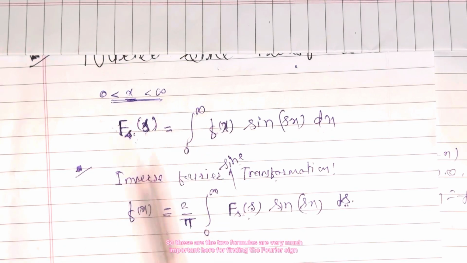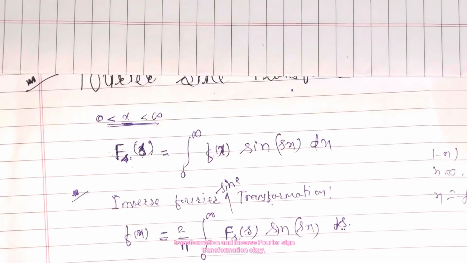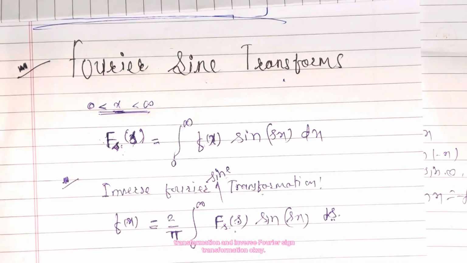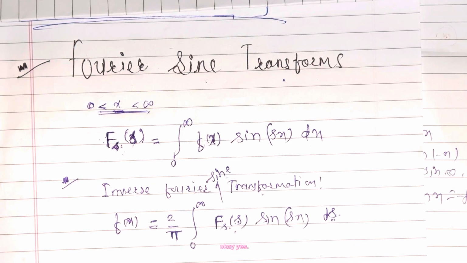These two formulas are very important for finding the Fourier sine transformation and the inverse Fourier sine transformation. Make a note of these two formulas, which we are going to apply in our subsequent examples. The Fourier cosine transformation also exists, but we are going to learn it in our next lecture.